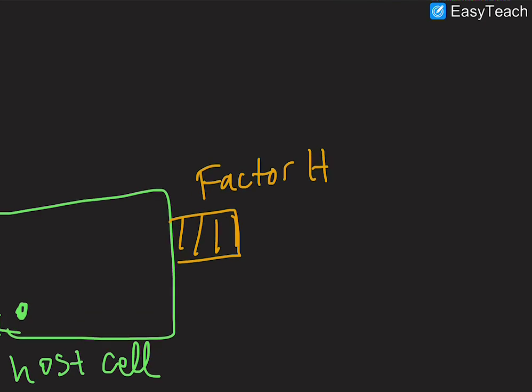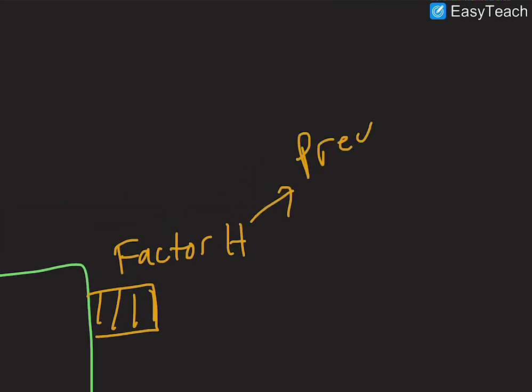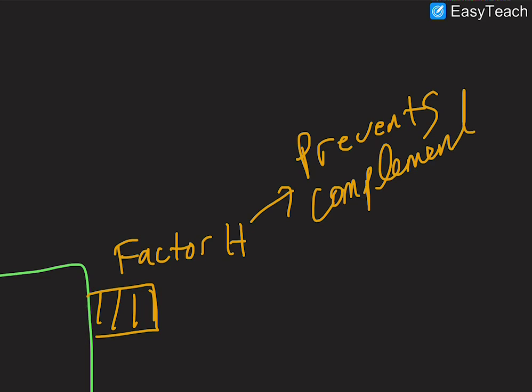What does it do? It prevents complement activation on our own cells, which is highly important because you don't want your own cells to be destroyed by your own complement proteins. That would be horrible.